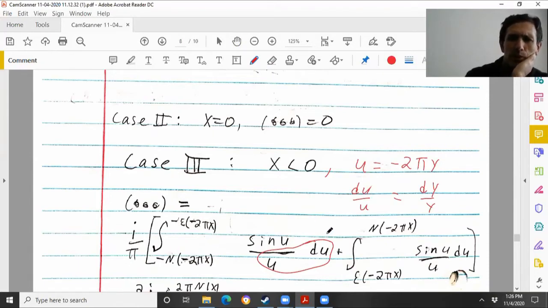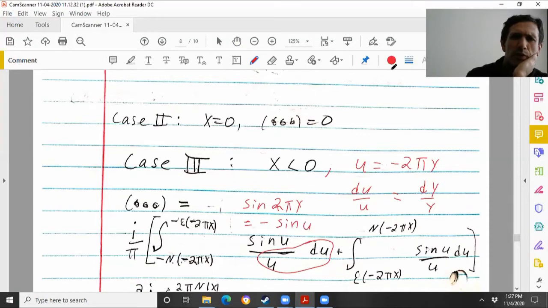So you don't get a minus sign from here, but what you do get is sine 2 pi y is minus, and this is crucially important, minus sine u.